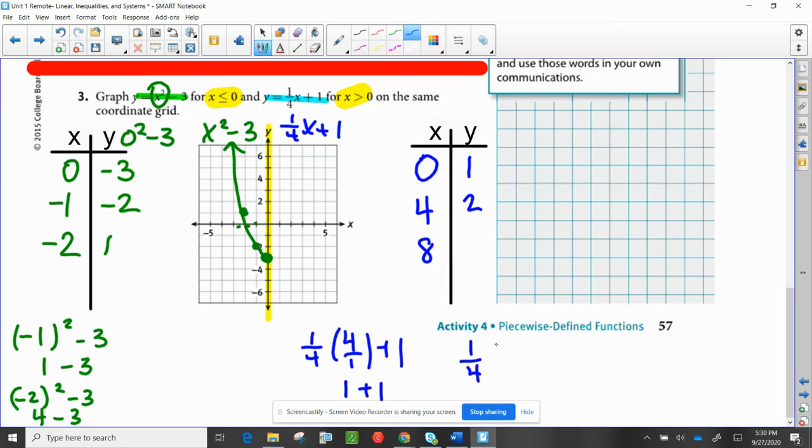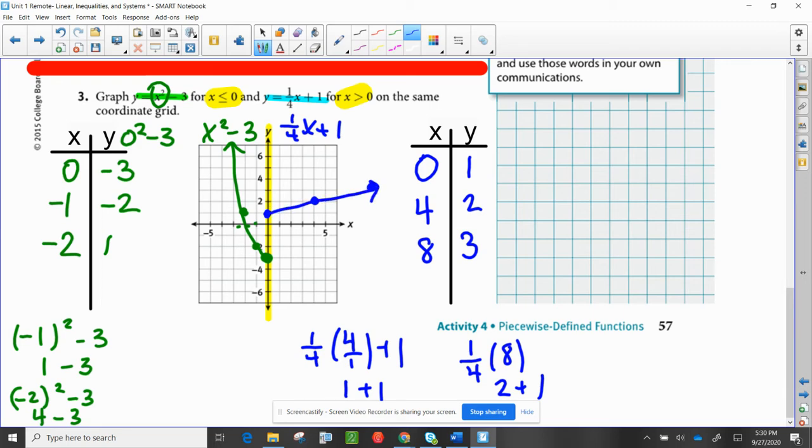If I take 1/4 times 8, okay, well, 1/4 of 8 is 2. 2 plus 1 is 3. So if I plot these points, 0, 1, 4, 2. Now this one's going to go off the graph, so I'm just going to do the best I can. 8, 3 might be about here.